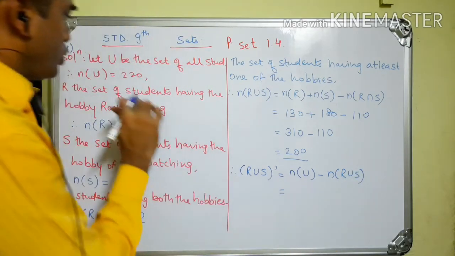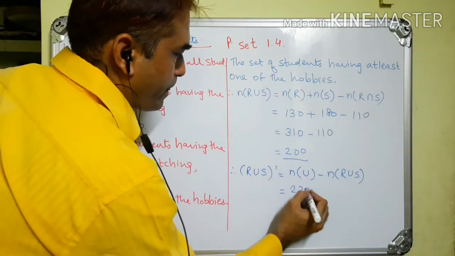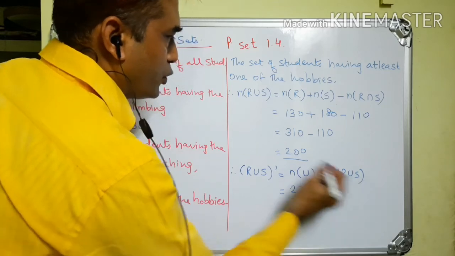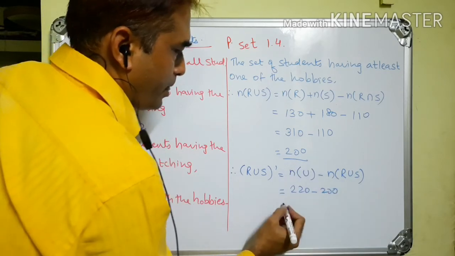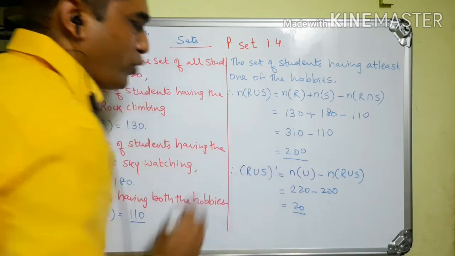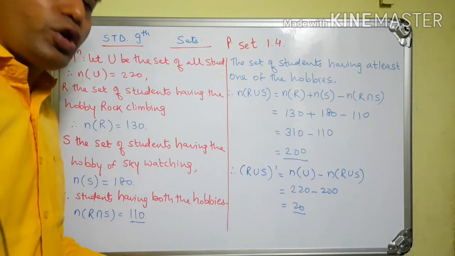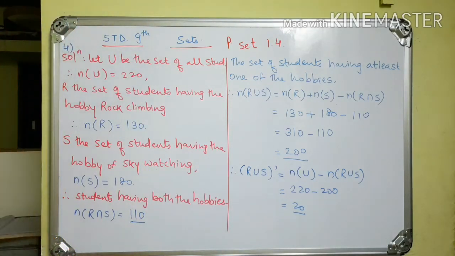So total students 220 minus union set 200 equals 20. 20 students do not have any hobby.